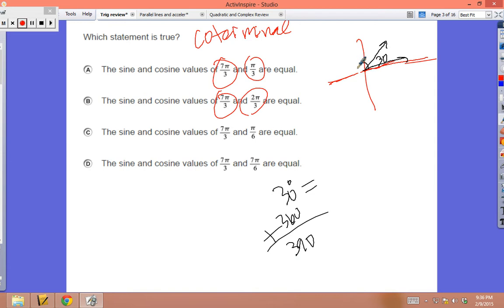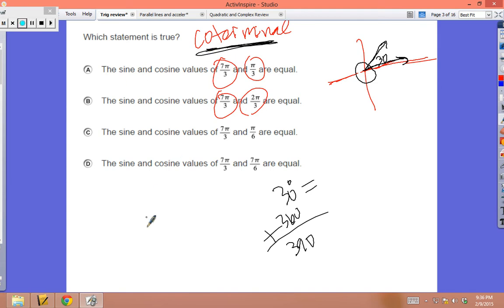So I do a full rotation and then go another 30. That's the exact same angle, plus a rotation or minus a rotation. So coterminal angles are going to give you the exact same trig answers for all of the trig functions.